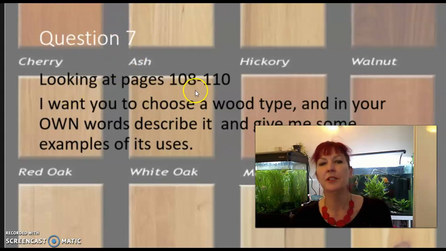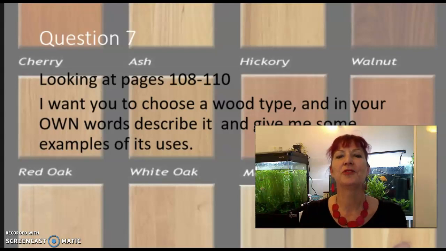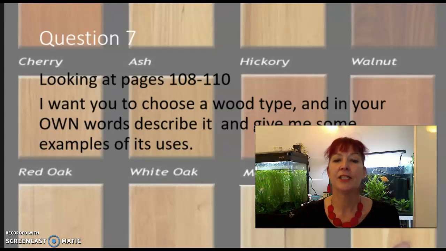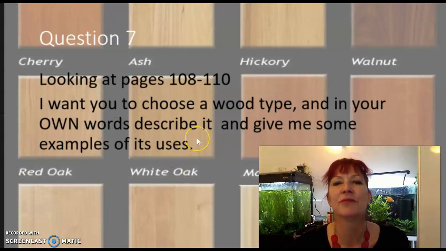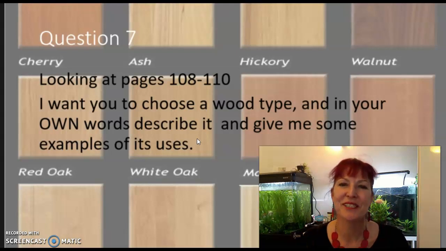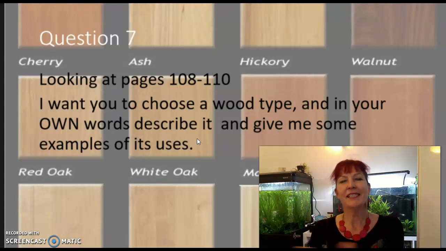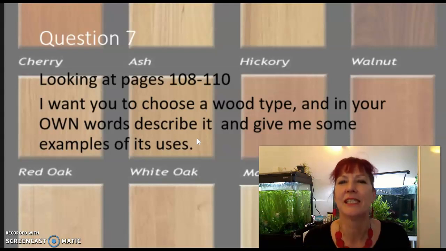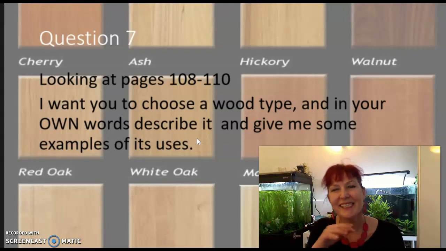Right, next question. Question 7. Looking at pages 108 to 110, I want you to choose a wood type and, in your own words, describe it and give me some examples of its uses. Imagine you're talking to a person who is visually impaired. Tell me the colour, tell me whether it has lines in it, tell me whether it has a little texture in it.